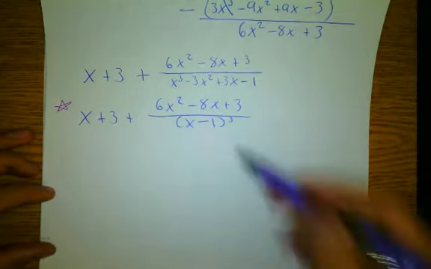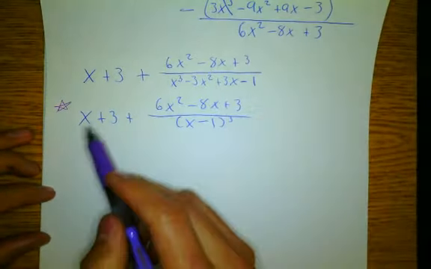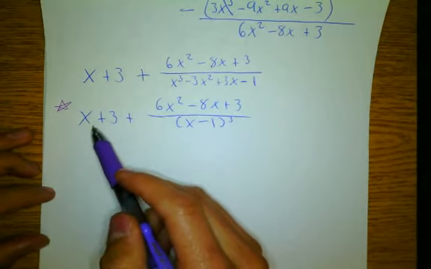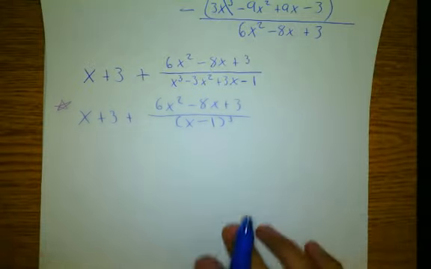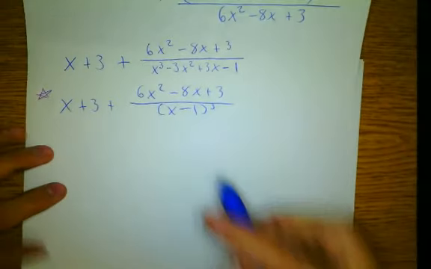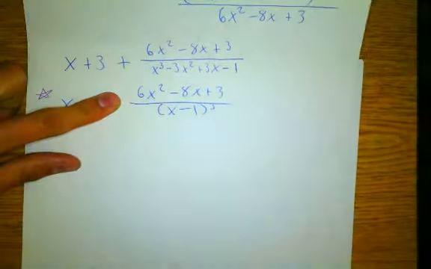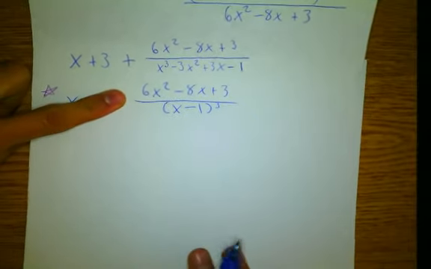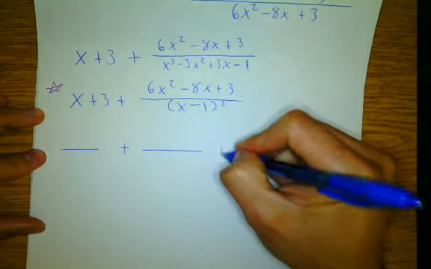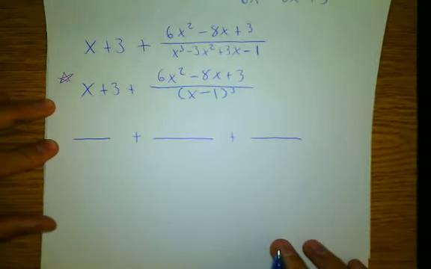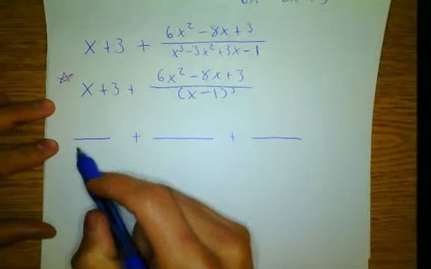Partial fraction decomposition on this one. How many fractions? 3. 1, 2, 3. What's under the first fraction? X minus 1. What's under the second one? X minus 1 squared. And what's under the third one?